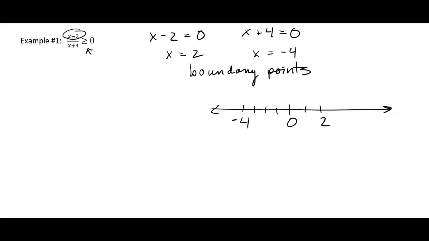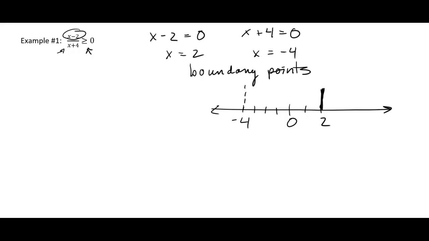So this is a solution, part of my solution set, and I put a solid line because I'm including it. Then I look at negative 4. If x were negative 4, the denominator would be 0, and that's a problem. So x cannot be negative 4. I use a dotted line to say it's a boundary point, but I can't actually equal negative 4.